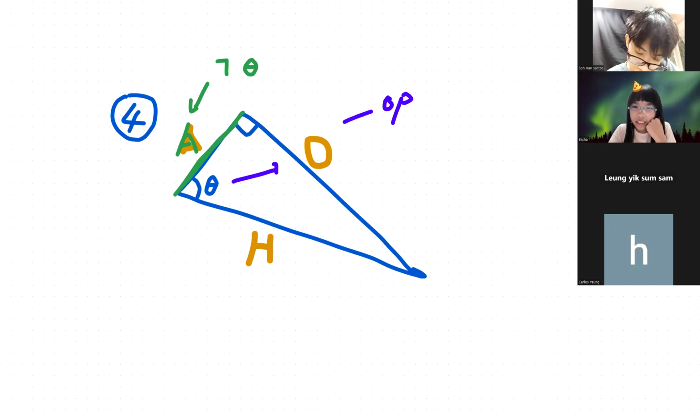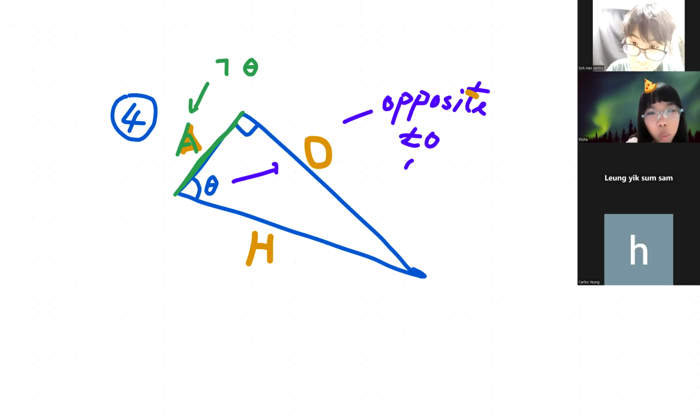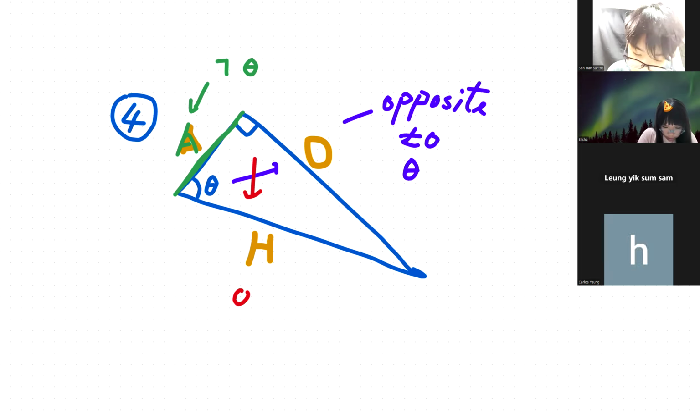Opposite to theta, it will be your O. And you will see opposite to right angle, write down this. Because at the beginning, you still write this and slowly identify.